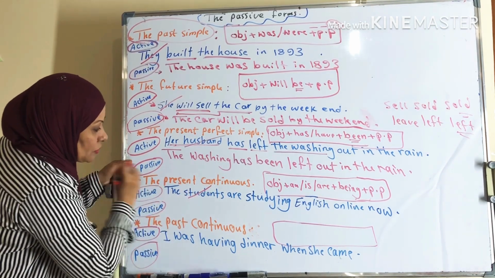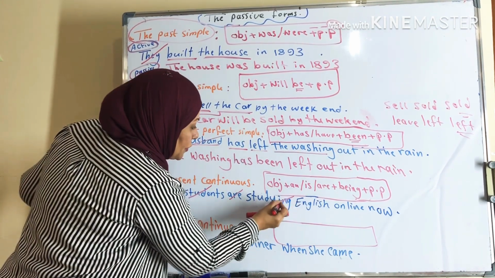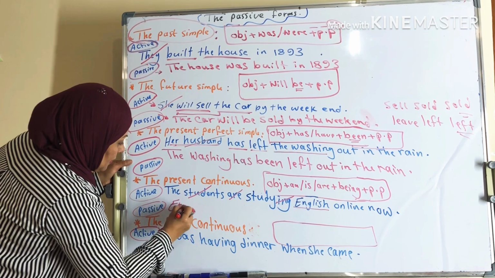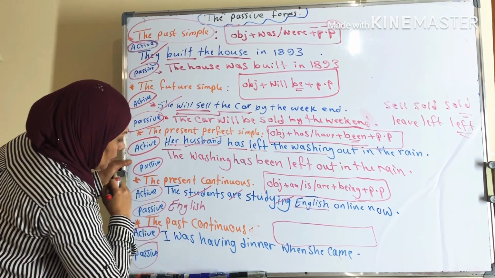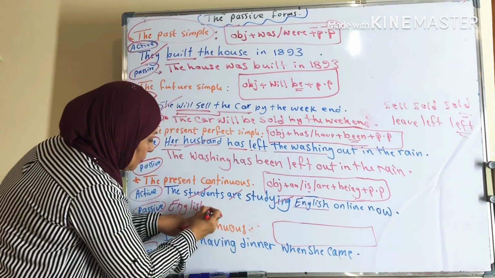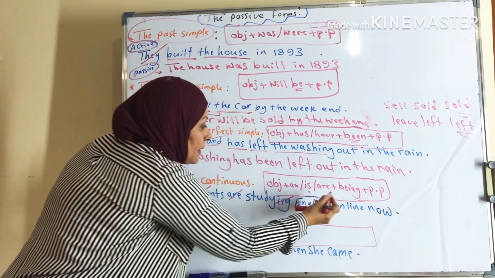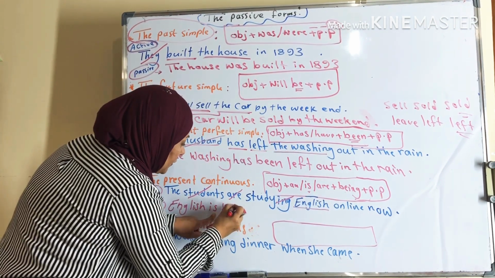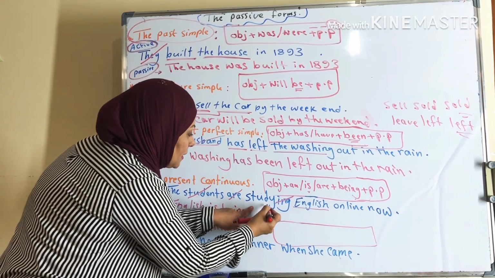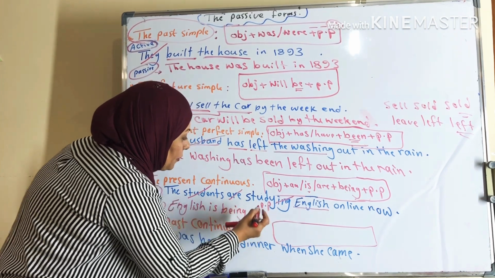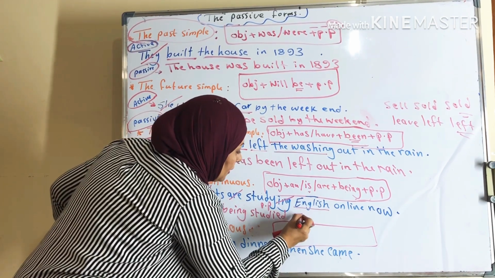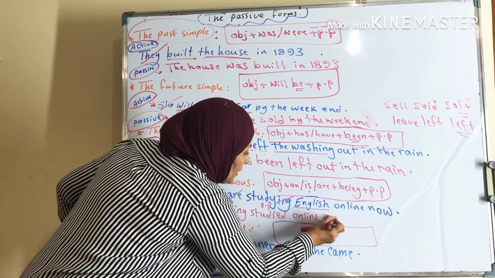The students, we omit the students, are ing, and we have English, the new subject, English, is, because it is singular, مفرد, is, being, the ing form is taken by be, being, plus study, the past participle of the verb study, studied, I-E-D, online, now or right now.